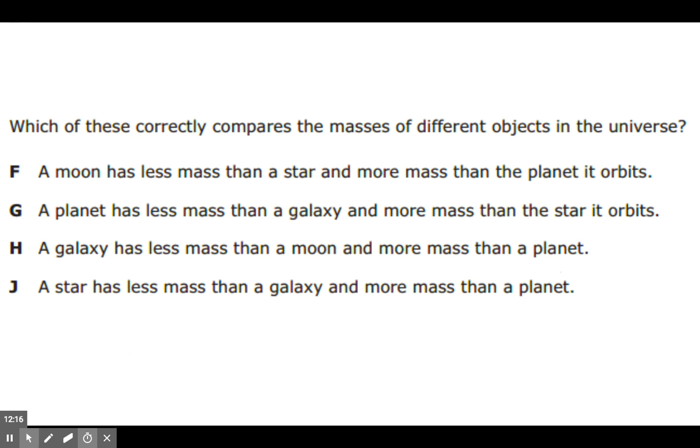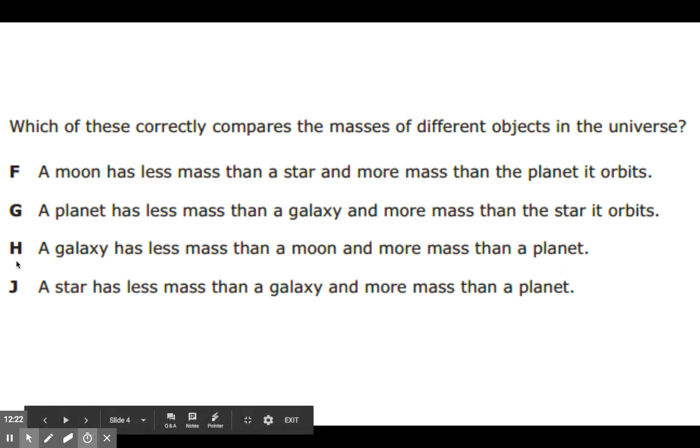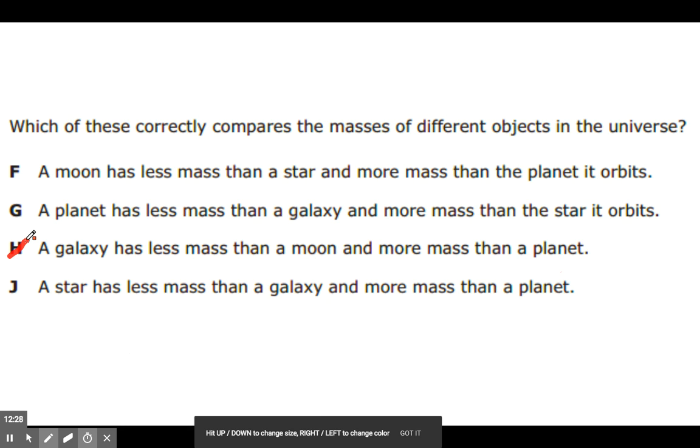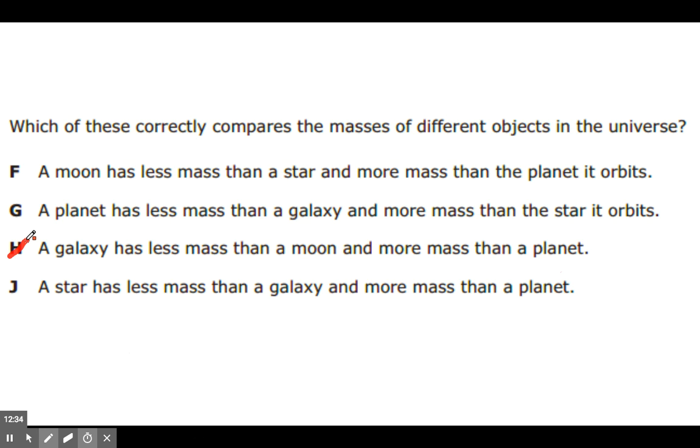So I'm just going to go ahead and eliminate the ones that I know that I can eliminate. A galaxy has less mass than a moon. We know that that's not true. A galaxy has a lot more mass than a moon. And a moon does not have more mass than a planet.